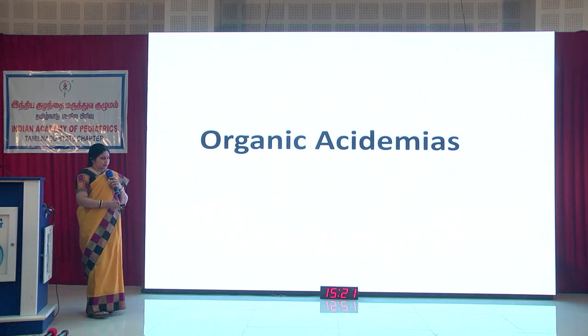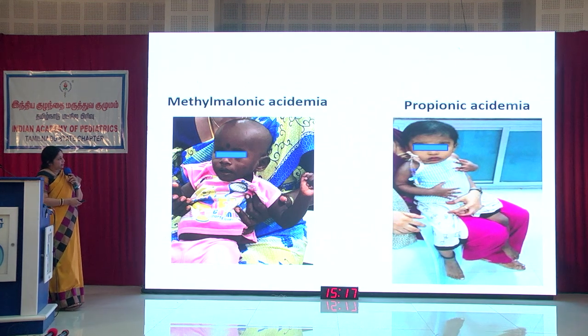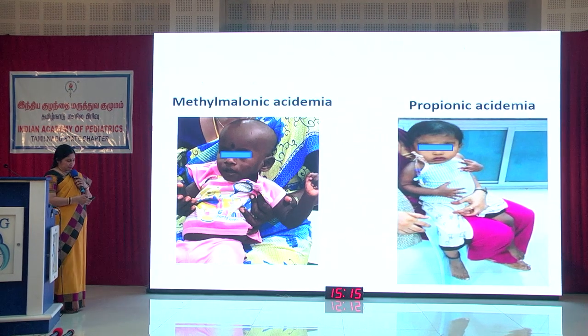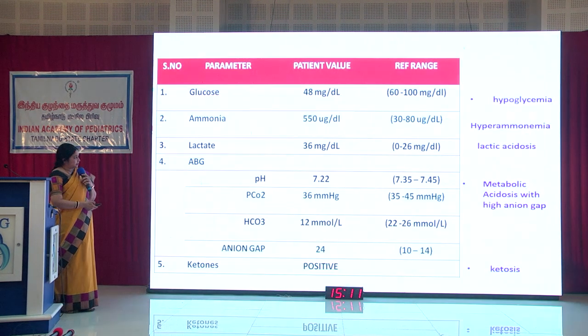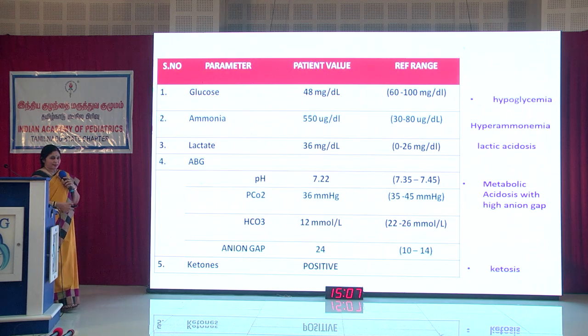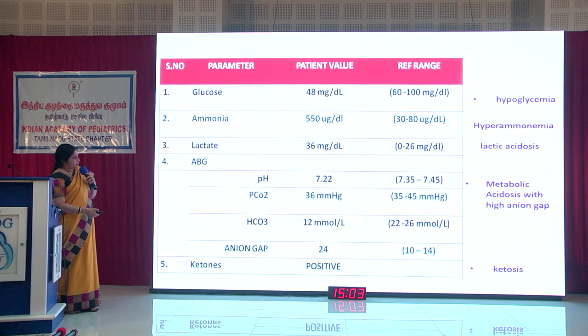So organic acidemias. These two disorders, methylmalonic acidemia and propionic acidemia, both present with similar symptoms. Even the GALAC. What is GALAC? So the basic parameters: glucose, there's hypoglycemia. You can see the values here.